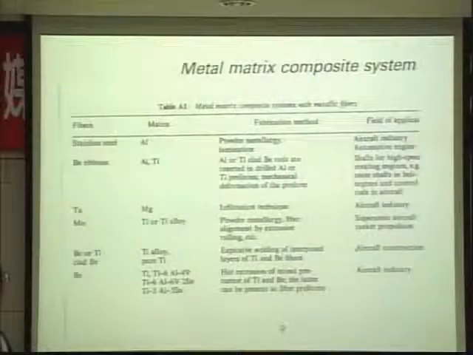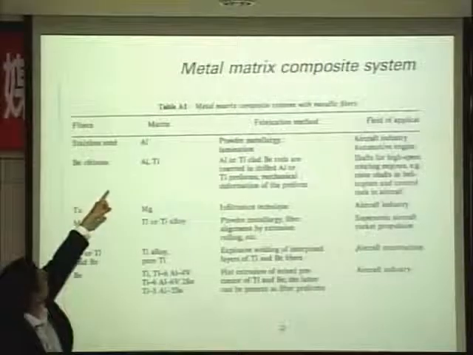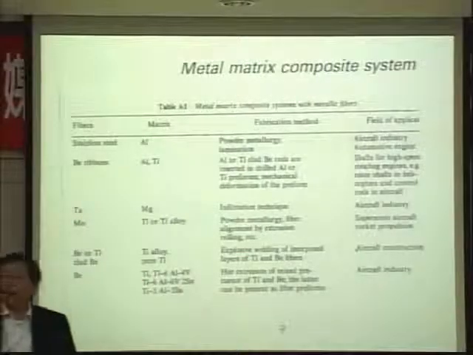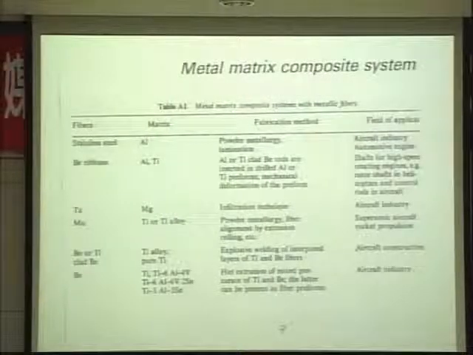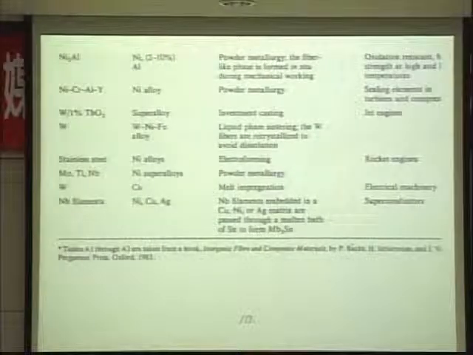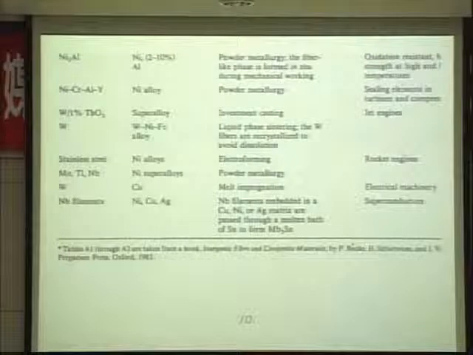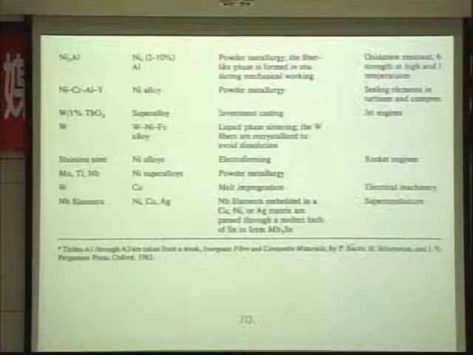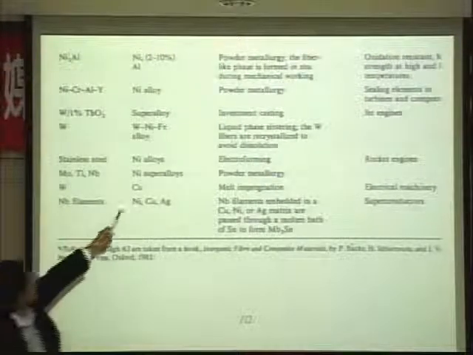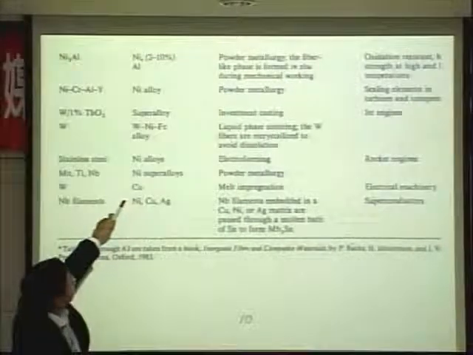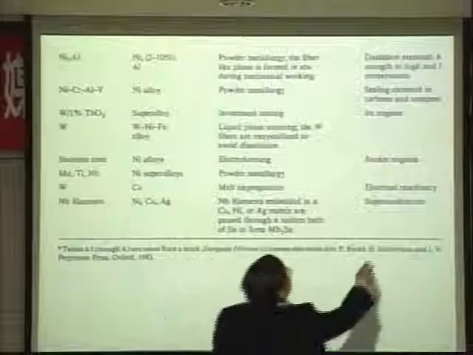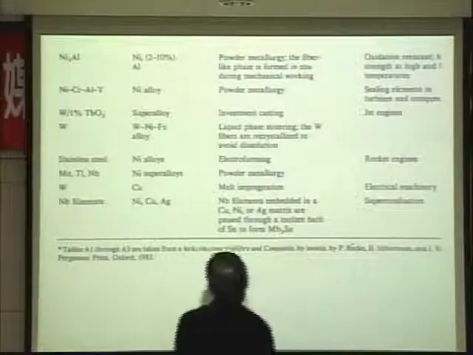Nowadays, people are making aluminum with silicon carbide or graphite reinforcement, more of that. Some more composite materials we made. These are copper matrix composites for electrical machinery application.